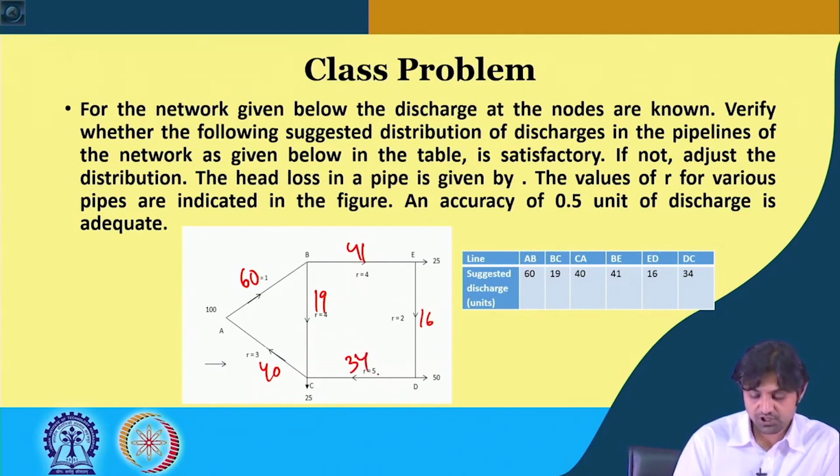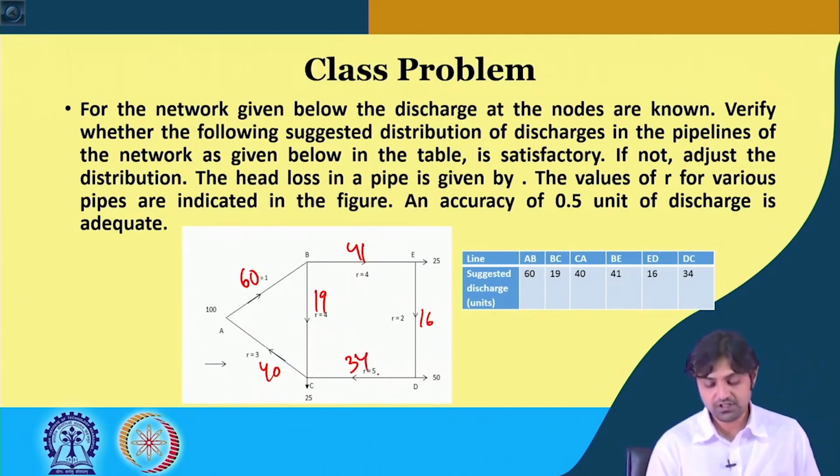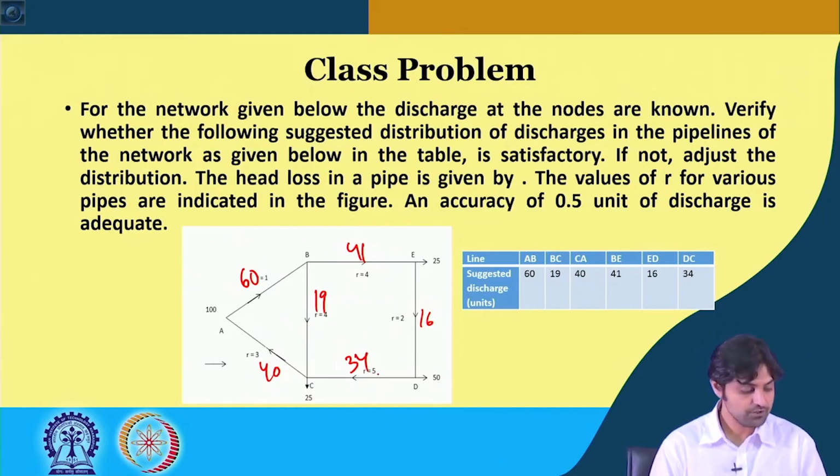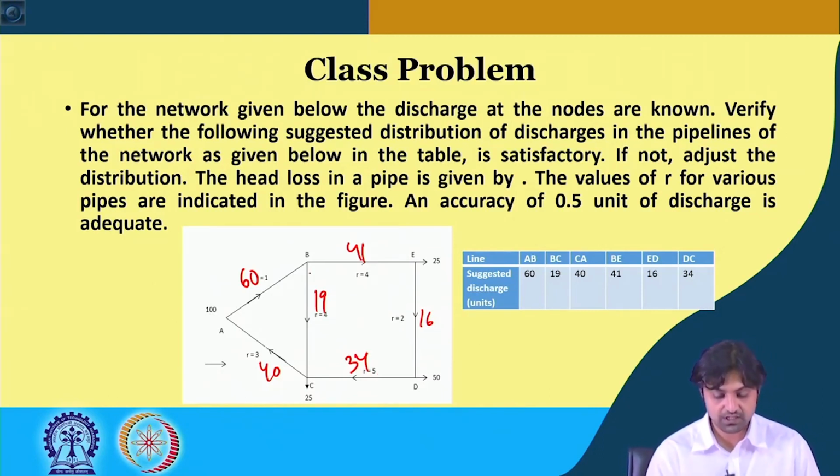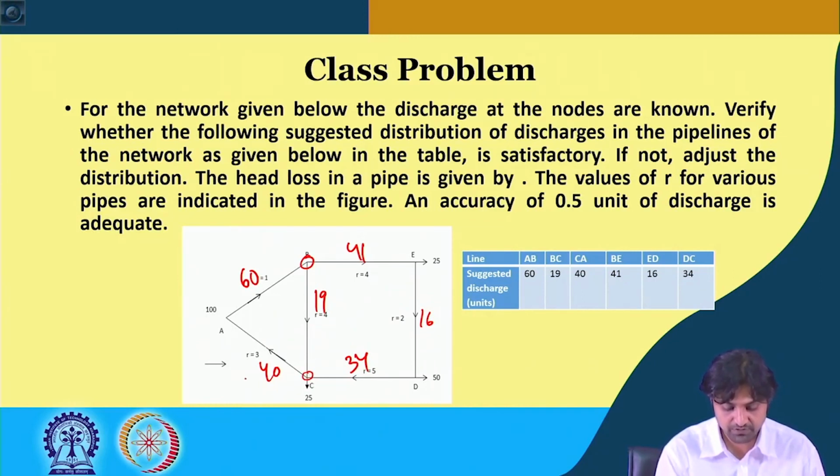We simply have to check if this satisfies. There are two things that need to be checked. The first thing is whether the continuity equation is satisfied or not, and the second thing we have to check, of course, this is going to satisfy the continuity equation. 60 is coming, 41 is going, 19 is coming here. Here see 34 is coming, 19 is coming, so 19 plus 34 is coming, and 25 and 40 are leaving.